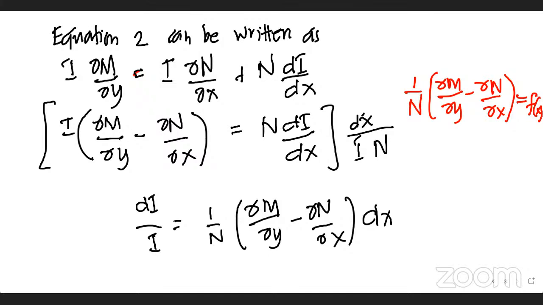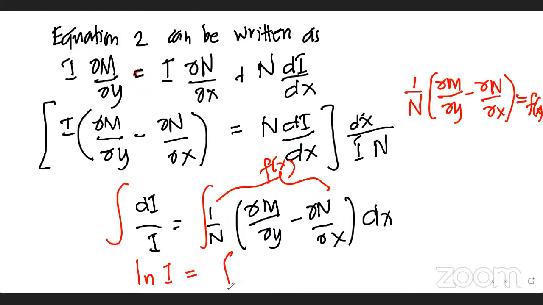Then we can say that by integrating both sides of the equation, and this will become a pure function of x, we have ln of I equals the integral of f of x times dx. Now, to obtain I, we take the inverse, or anti-ln, exponential function.